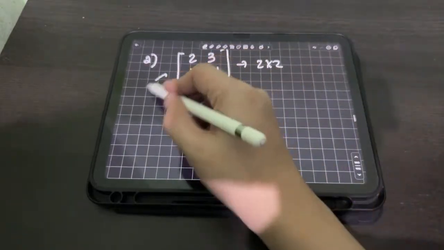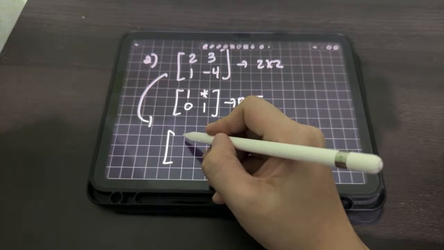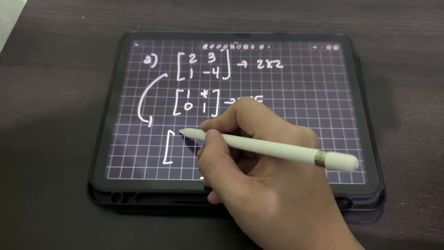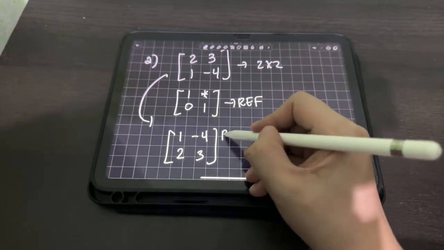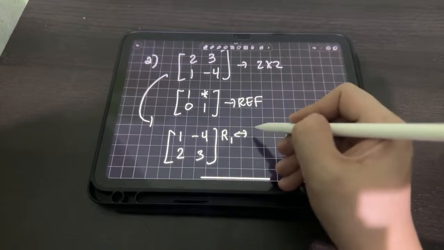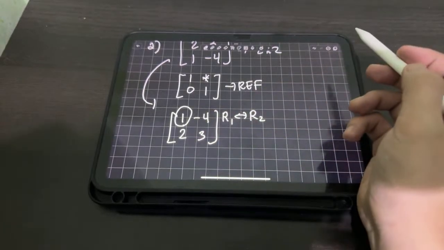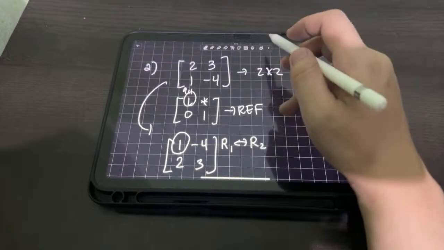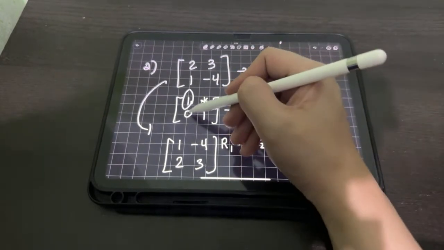So I will interchange the two rows. So 1, negative 4, and 2, 3. So we have row 1 interchange with row 2, so that we already have 1 in the A11 entry. Okay. So we're done with 1 here.